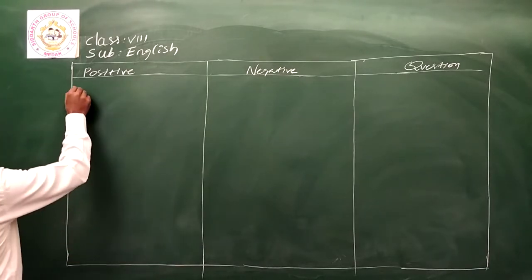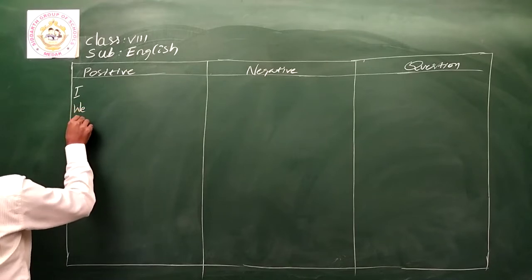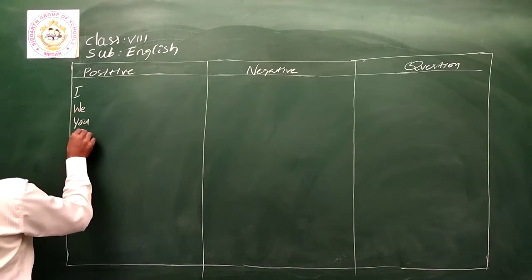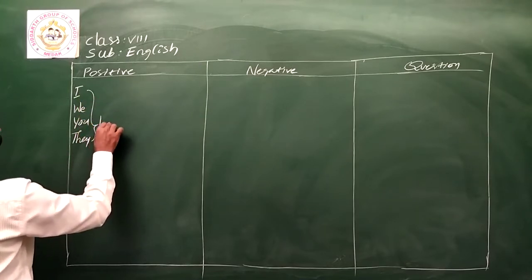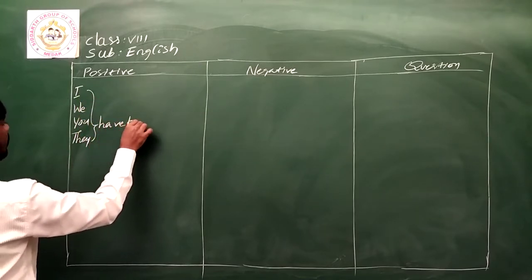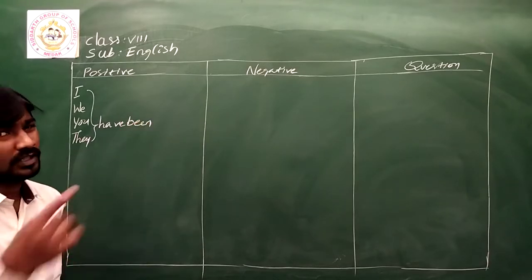Right, let me write the first one. I, we, plural forms children, have. They have been... What are you doing? Watching.